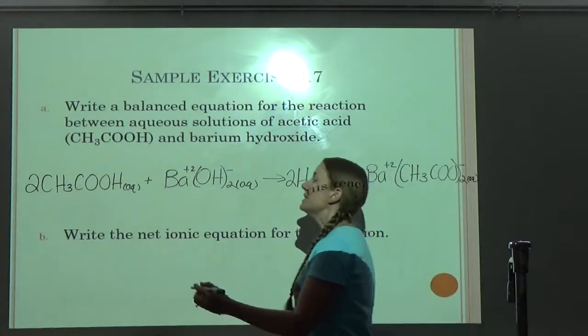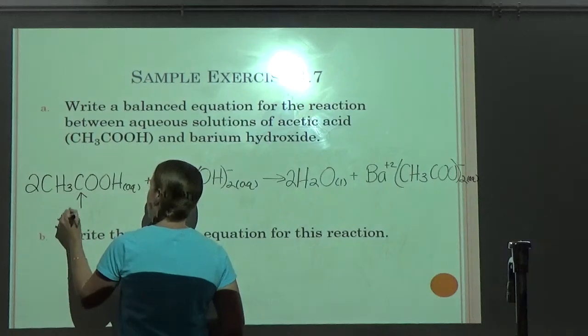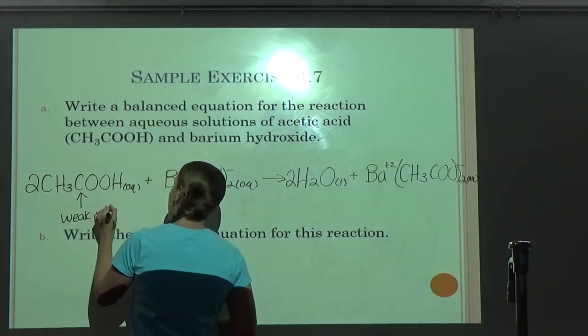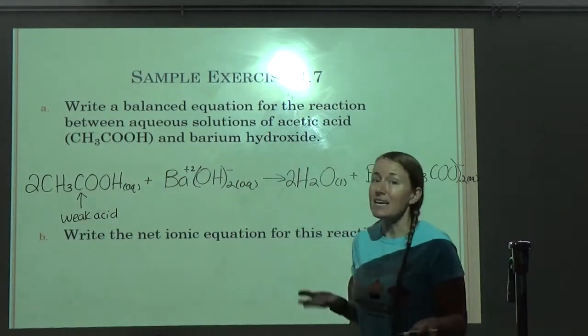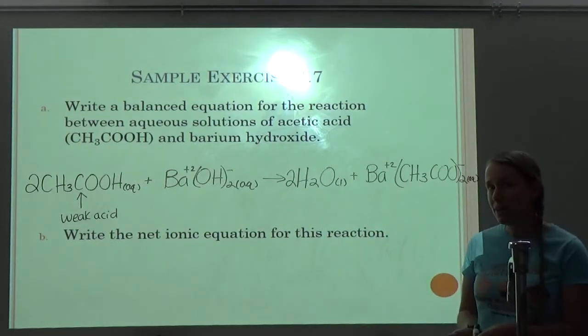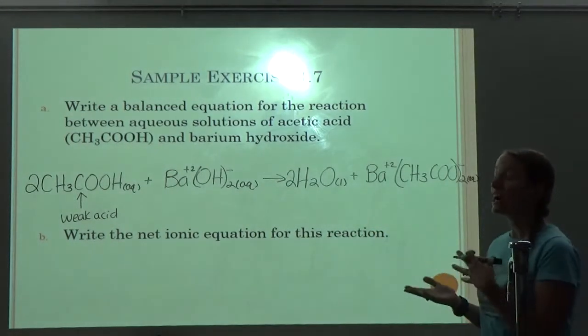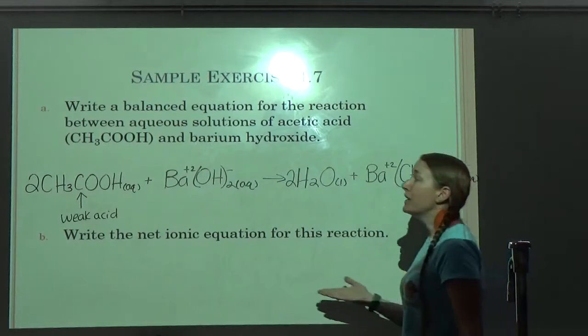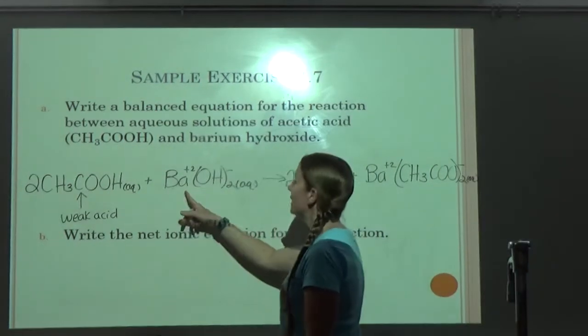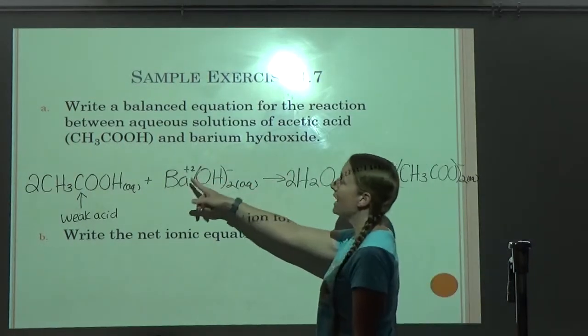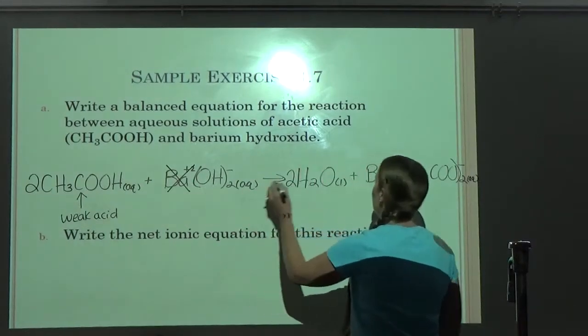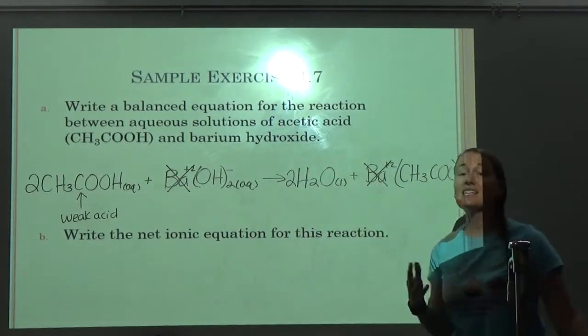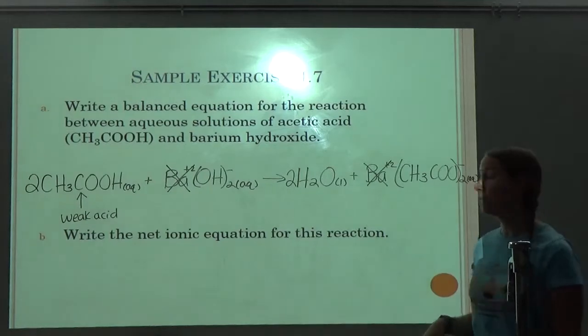But the problem is, this is not a strong acid. This is a weak acid. So we treat it as if it was a solid, okay, because most of it's not going to break up. So if we're treating this as a solid, then you can see the only thing that's actually aqueous on both sides is your barium. So that's the only thing I can take out of my equation.